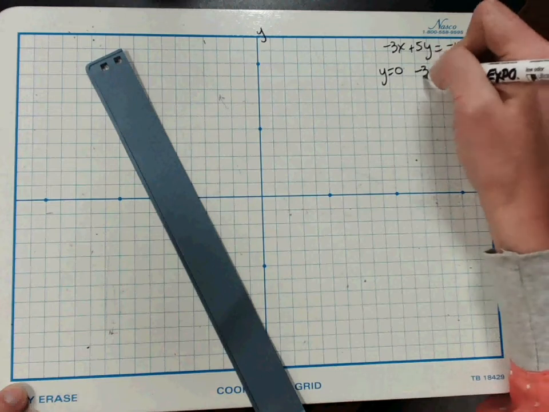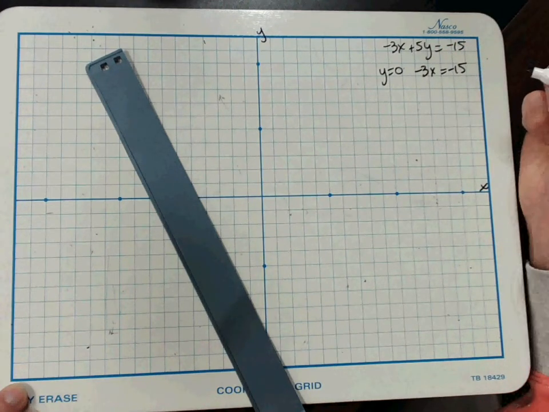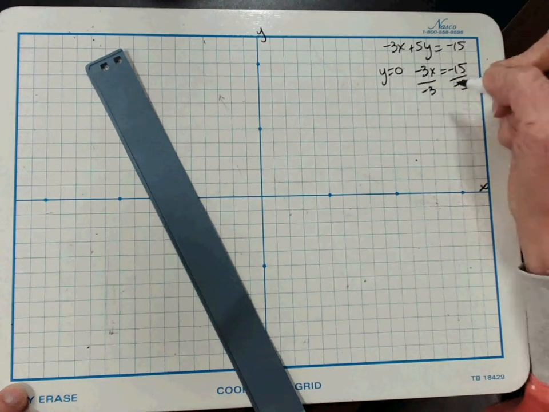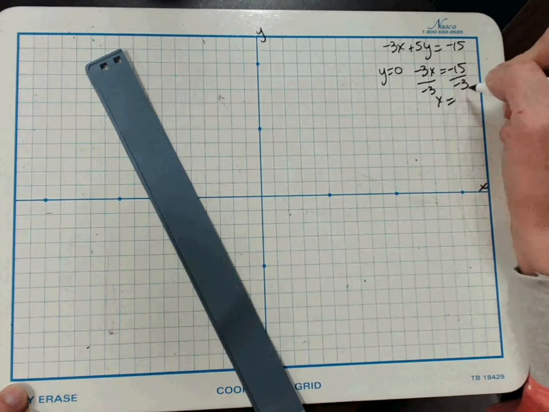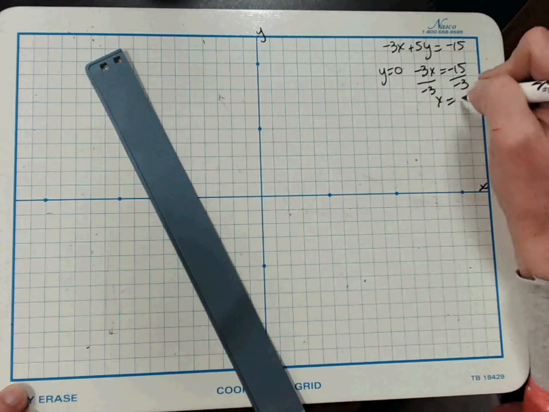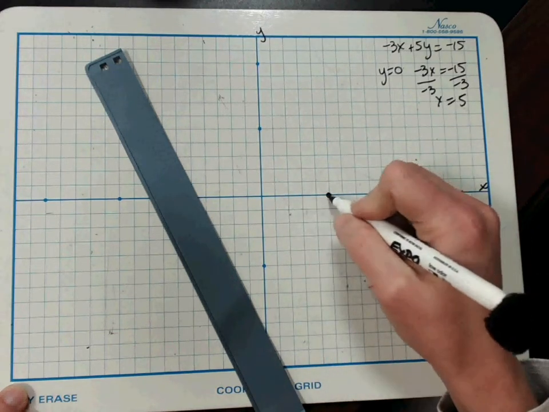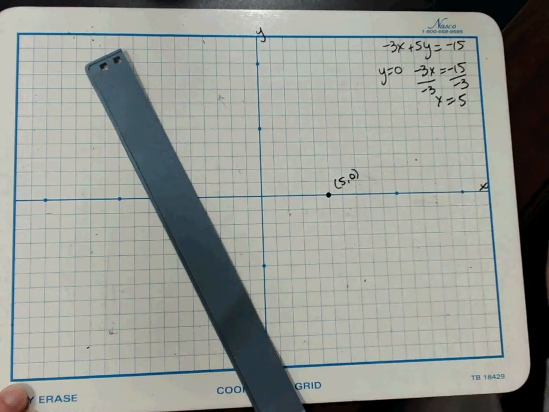I've got negative 3x equals negative 15. So I'm going to divide both sides by negative 3. And x is equal to negative 15 divided by negative 3. Two negatives are going to make a positive, so that's going to be 5. So I have the point 0, y is 0, x is 5. So I've got 5, 0.